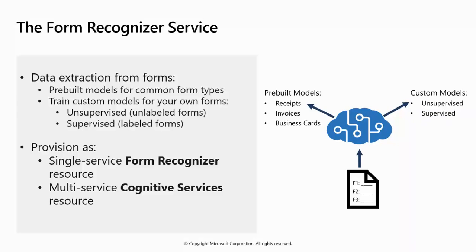Keeping that in mind, the underlying models of Form Recognizer have been trained on thousands of form instances. The underlying models allow us to extract high quality data from our forms with little to no model training. Okay?